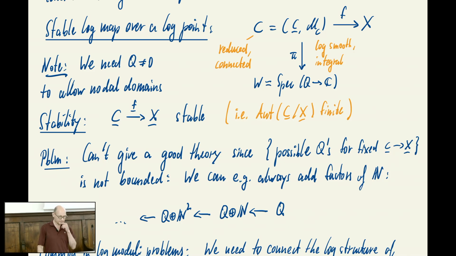So something is fundamentally off, and that's actually a fundamental problem in any kind of moduli problem in logarithmic geometry, because you can always base change and make your monoid bigger.